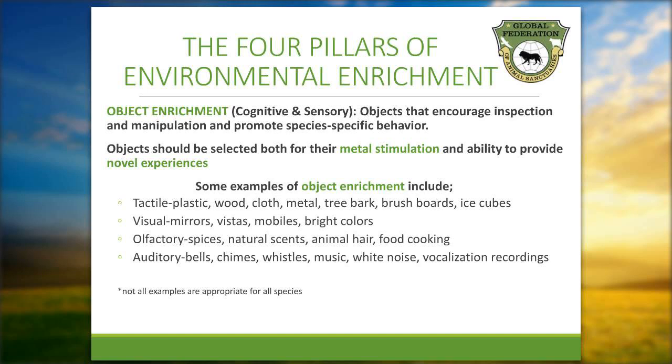Olfactory or sense of smell enrichment, so things such as spices, natural scents, animal hair, or food cooking, and auditory enrichment that the animal can hear, such as bells, chimes, whistles, music, white noise, or vocalization recordings. And again, these are just some of the examples of object enrichment.